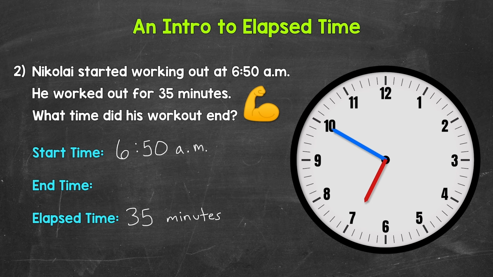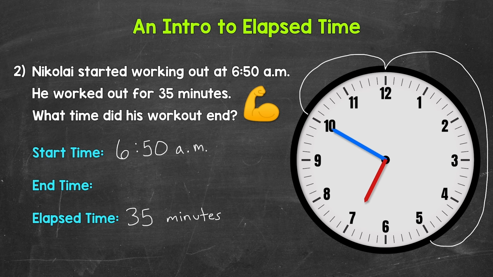Now, another strategy here is to use 7 o'clock, 7 a.m., meaning we see that we have 10 minutes until 7 a.m. So we're hitting that next hour exactly. And then we go from there. So we have 10 minutes, and then we need another 25 minutes to give us that total of 35 minutes.